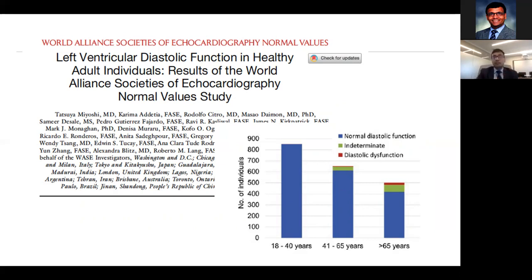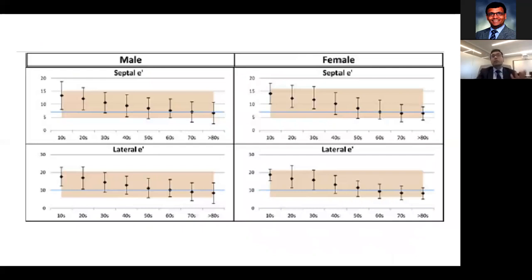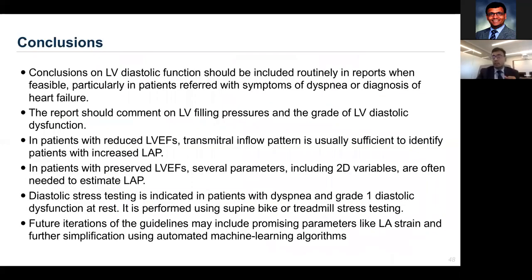And in fact, it was suggested that perhaps we need to think about changing the nomogram values for some of the parameters, particularly the E prime and the left atrial volume index. The left atrial volume index was also seen to be larger in elderly individuals.